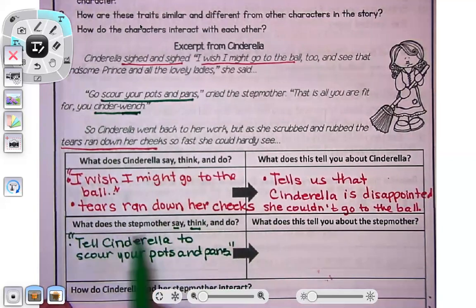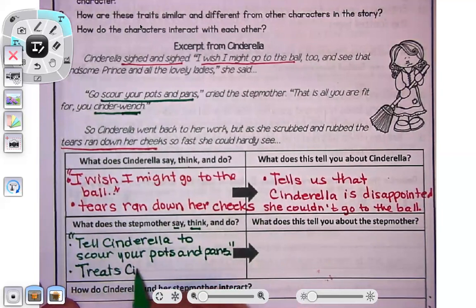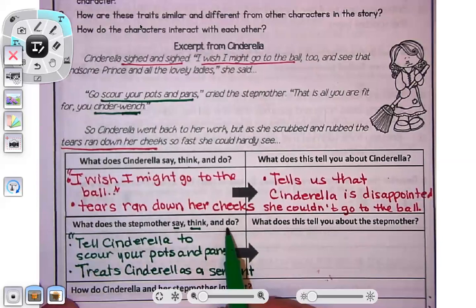So what does the stepmother say, think, and do? She treats Cinderella as a servant. And that's what she is doing.